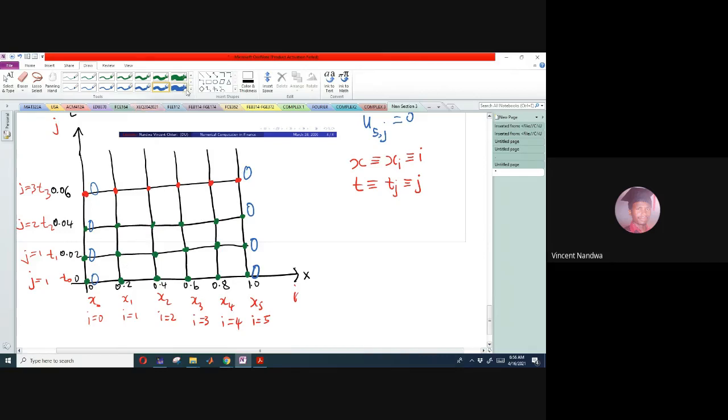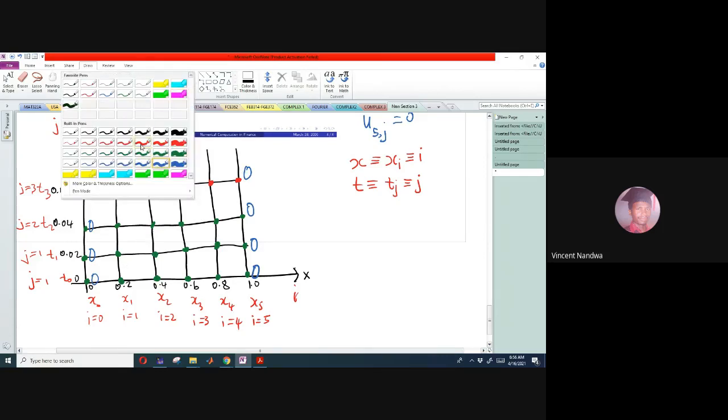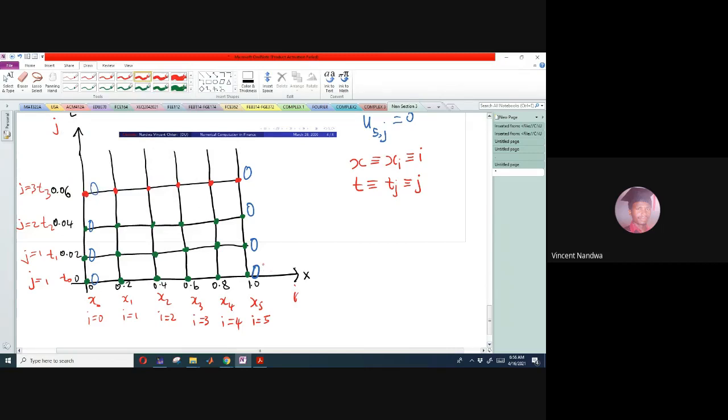And in difference notation, you should remember that this point here is u(5, 0), because the j value is 0. So remember, this is 0, not 1. And then this is u(5, 1), this is u(5, 2), and this is u(5, 3).